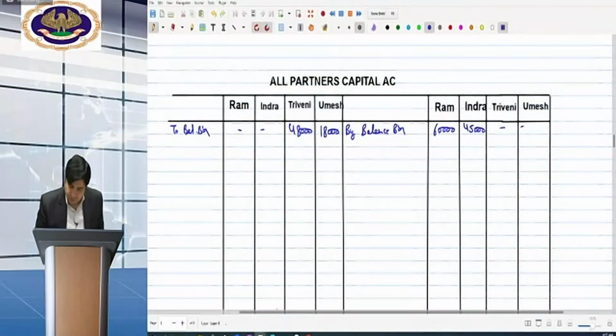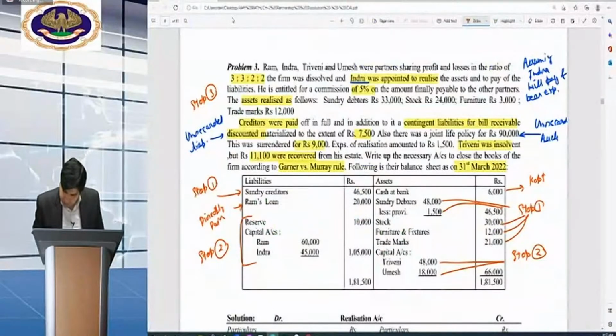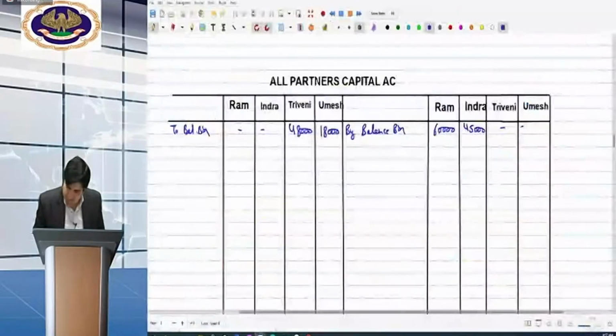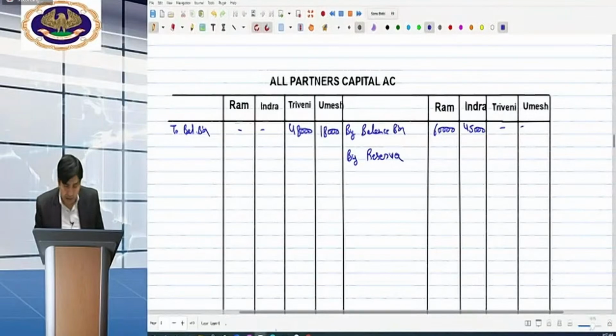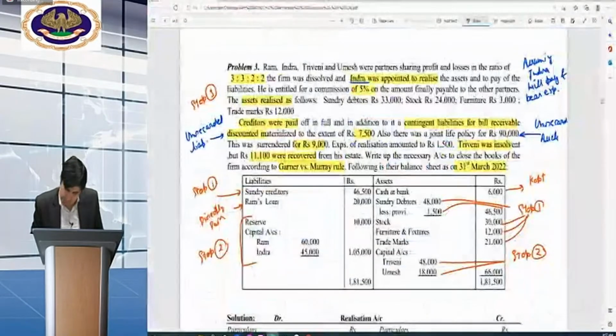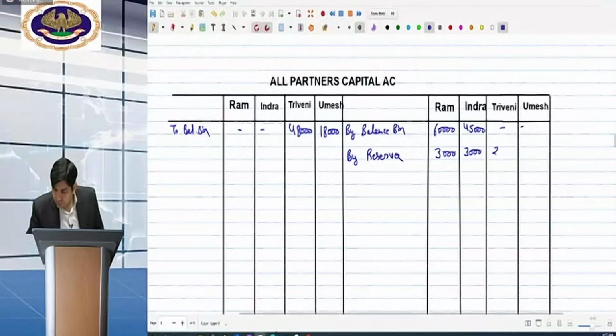Now the other part is the owner's related reserve, that is 10,000. Now we have to shift the 10,000 reserves. What is the ratio? 3322. So 3,000, 3,000, 2,000 and 2,000.